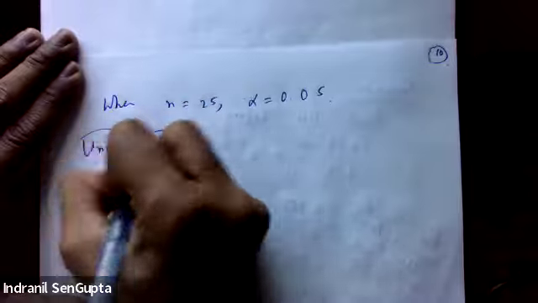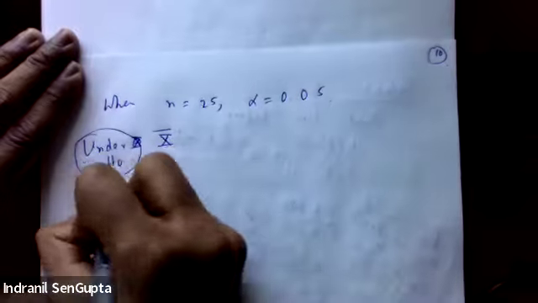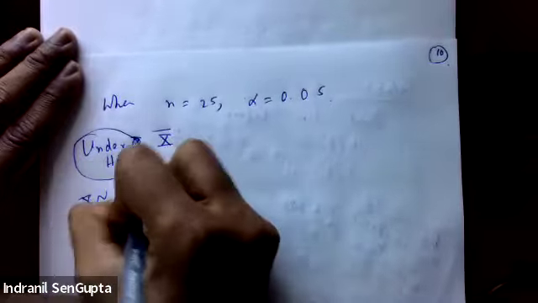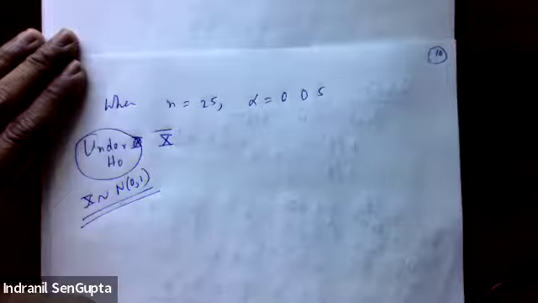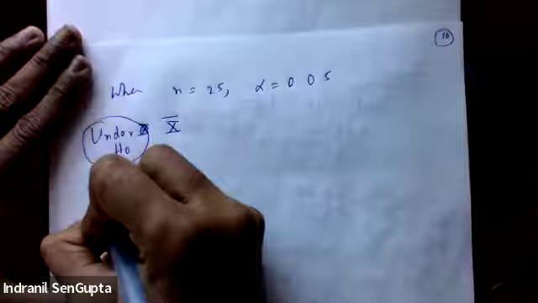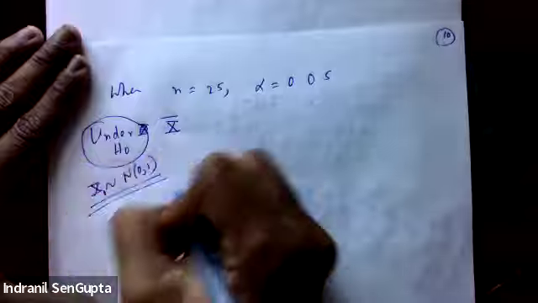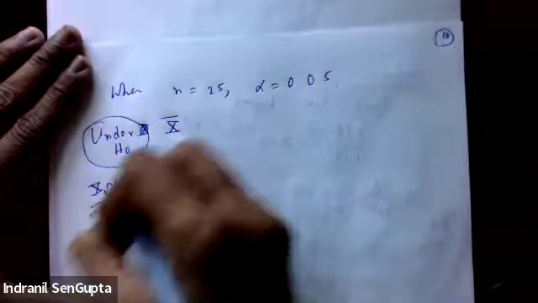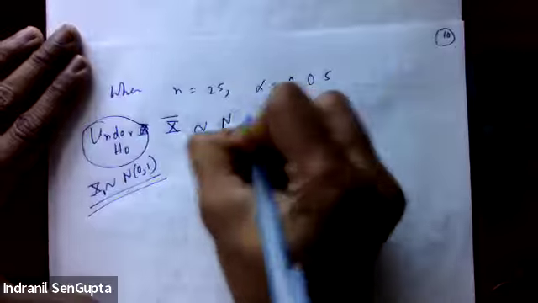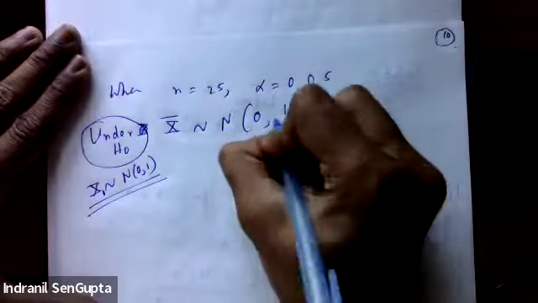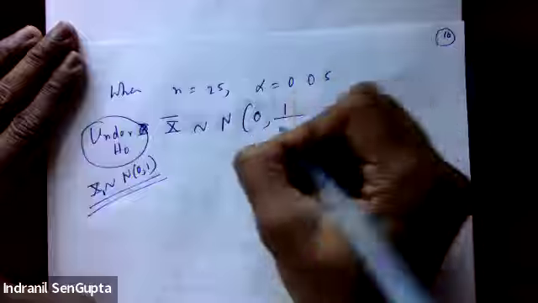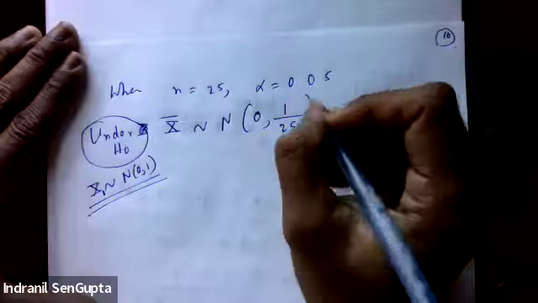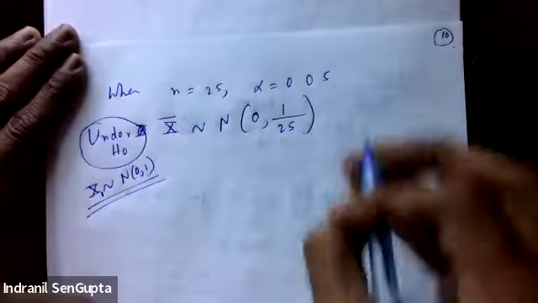Under H0, X follows a normal distribution with mean zero and variance one. So X bar is given by normal with mean 0 and variance 1 over the number of samples. Here n is 25, and the variance was 1, so it's 1 over 25.